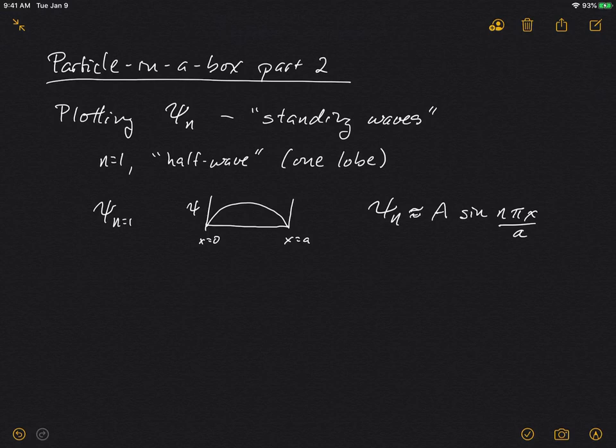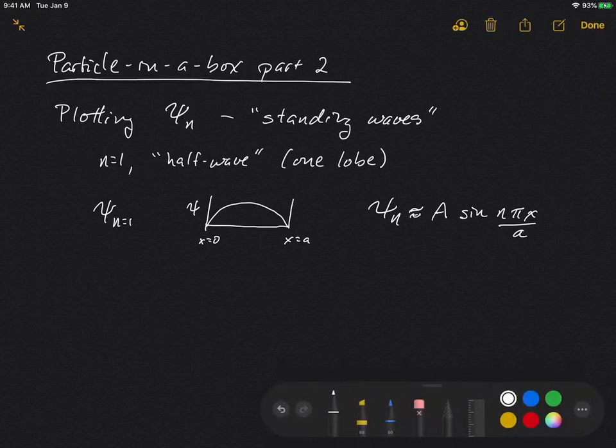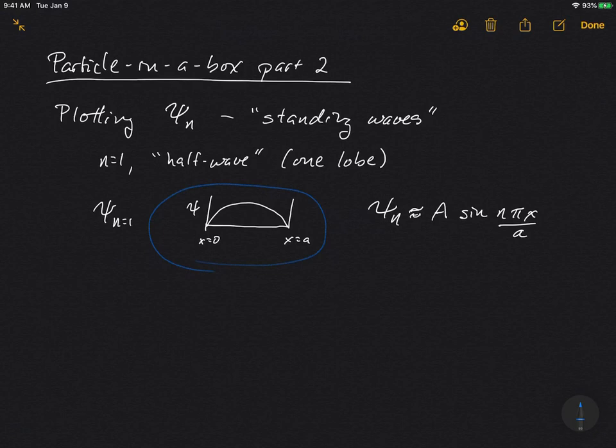And since 2 pi is a full wave, including the positive going parts and the negative going parts, we're looking at a half wave here. So we're looking at one lobe of a two-lobed full wave. And so it's going to look like this. It's going to be a function like I've sketched here, it's going to look a little bit like this.